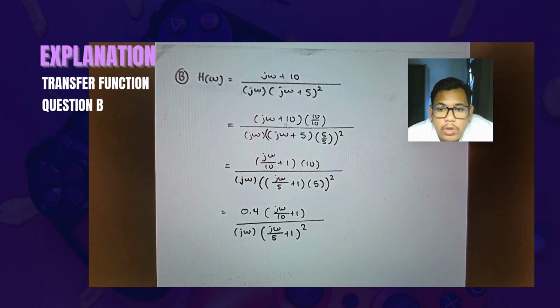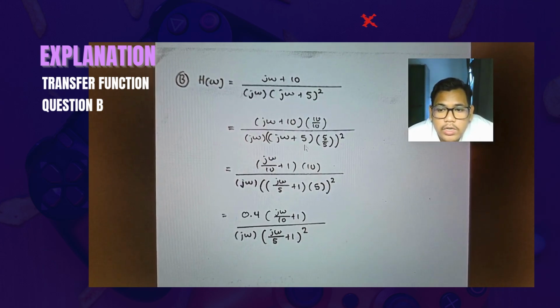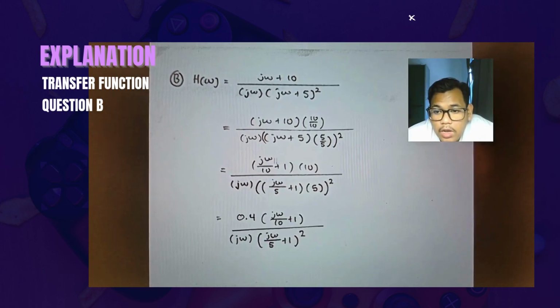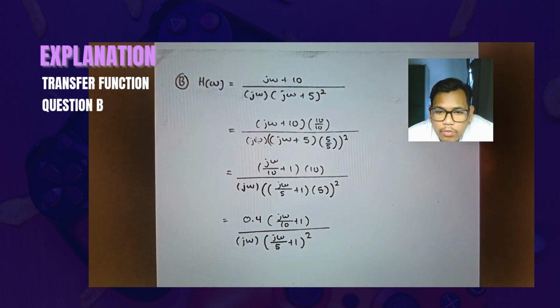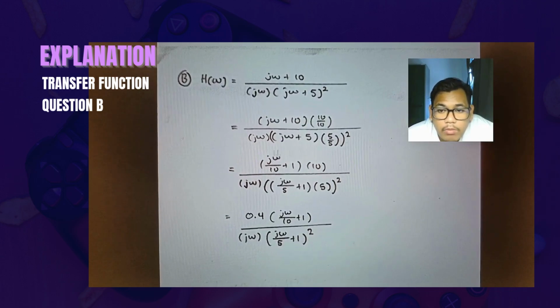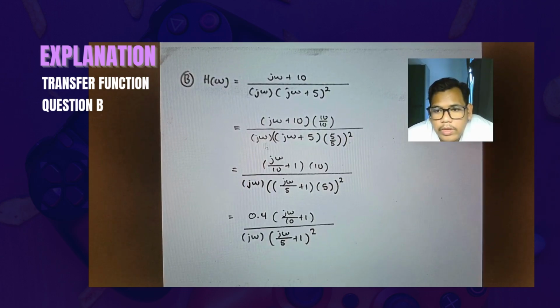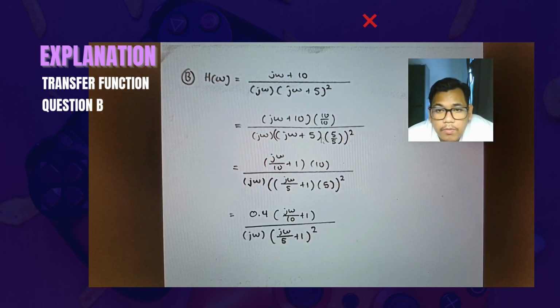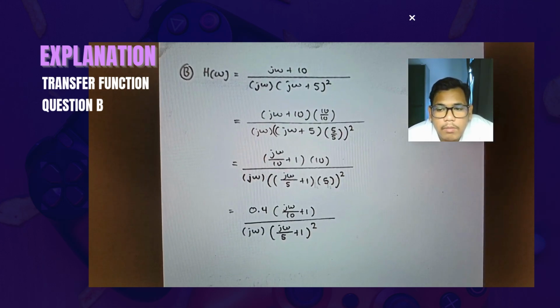Next, we look at the other term, (jω + 5) to the power of 2. Again, we want to express jω + 5 in the form jω/5 + 1, so we multiply and divide by 5.